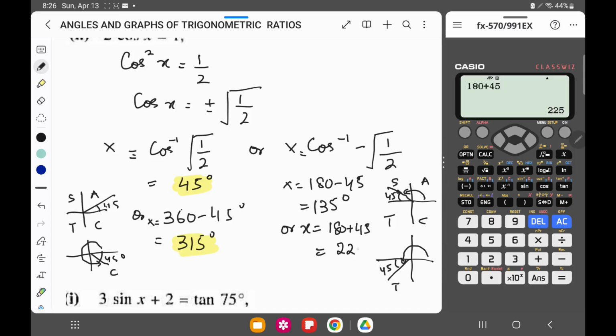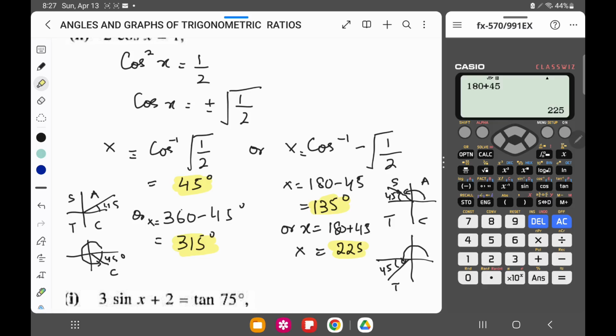So you can see, whenever both positive and negative trigonometric ratios are possible, that's why you get 4 answers here. When cos was positive, you got 45 and 315 degrees because it was in the first and the fourth quadrant, and when the trigonometric ratio is negative, then it's in the second and the third quadrant.